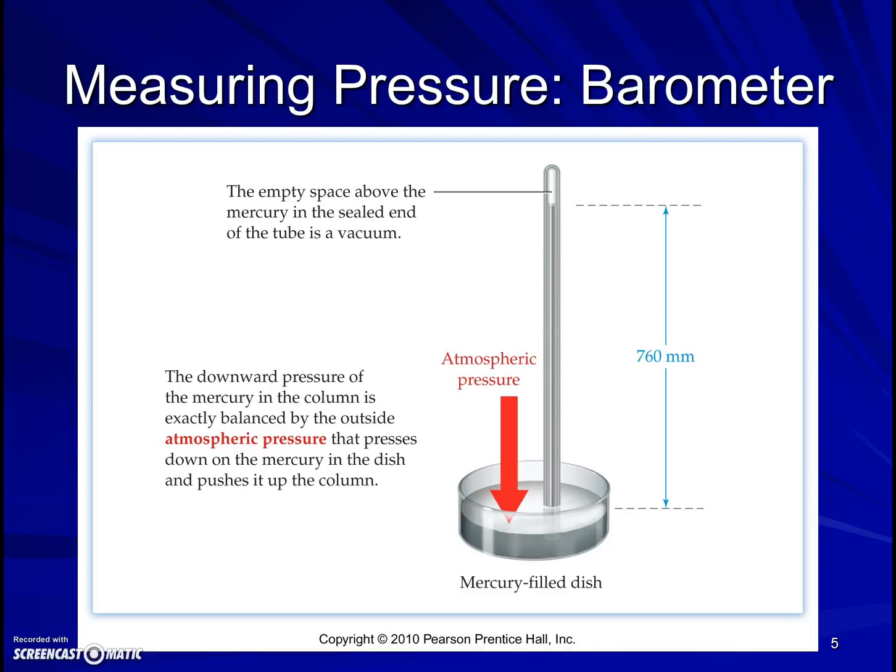And so we can do a direct conversion and say 101,300 pascals is 760 millimeters of mercury, or 29.9 inches of mercury, or 14.7 pounds per square inch, or one of the chemist's favorite units for pressure, 1 atmosphere. So that is a mercury barometer, or a Torricellian barometer, since Torricelli was the inventor of this instrument.